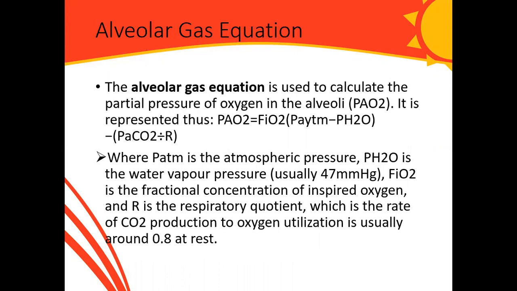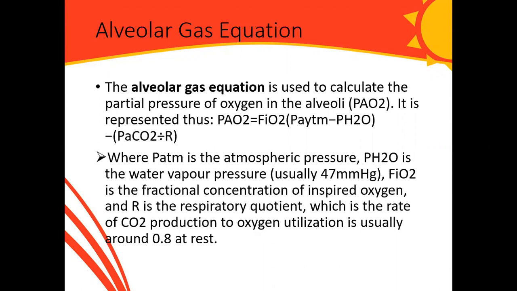Now, I feel like that's an important question because this is what is used to calculate the partial pressure of oxygen in the alveoli, which is different from the partial pressure of oxygen in the arteries. It is given as the partial pressure of oxygen in the alveoli equals the functional concentration of oxygen multiplied by the difference between the atmospheric pressure and the water vapor pressure, from which the PaCO2 is subtracted, divided by the respiratory quotient.